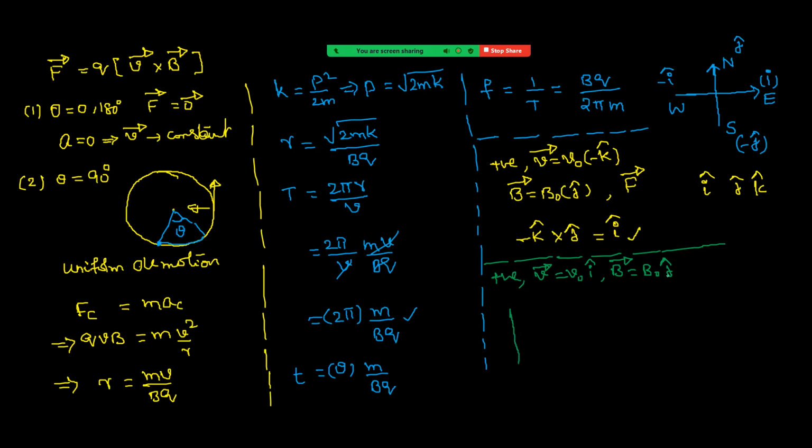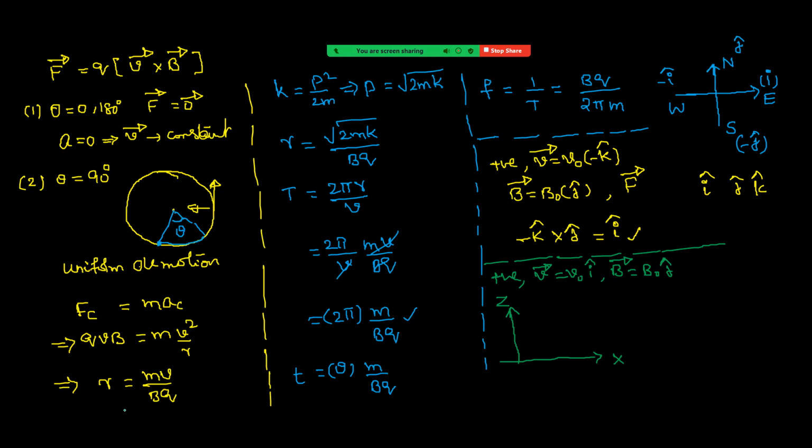I cap cross j cap means it is k cap. Let me take this as X axis and this as Z axis. Okay. So for our convenience, you can say this board is the XZ plane. And I have taken the XZ plane because here force is along positive Z axis.